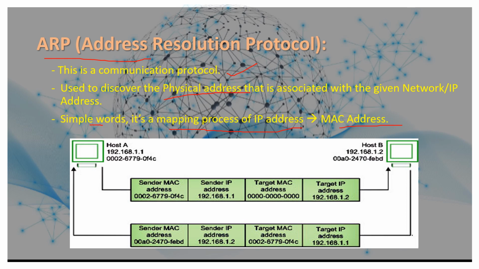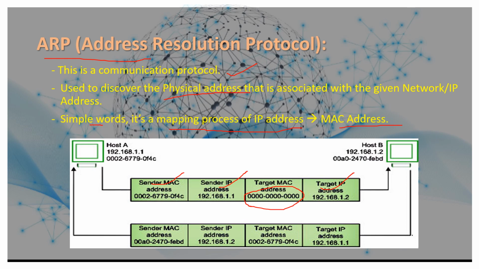It means you are aware of the sender MAC address and sender IP address, and you are also aware of the destination IP address, which is called the target IP address, but you are not aware of the MAC address of the destination. So initially, it considers all zeros and sends the frame.